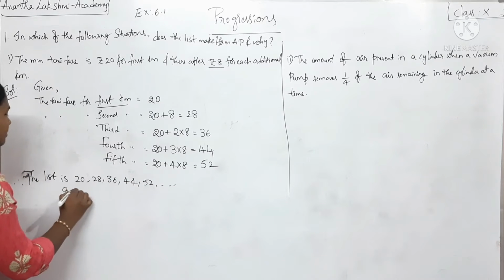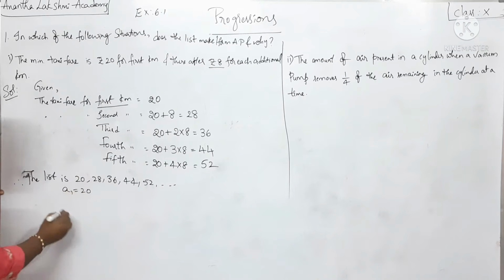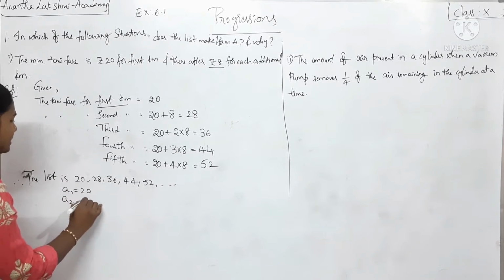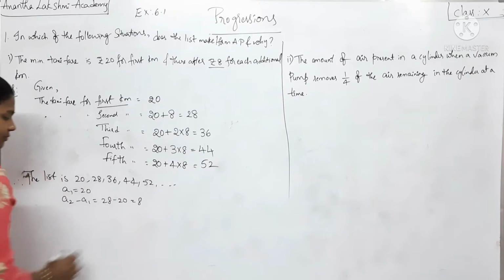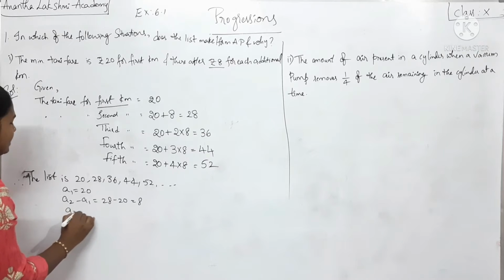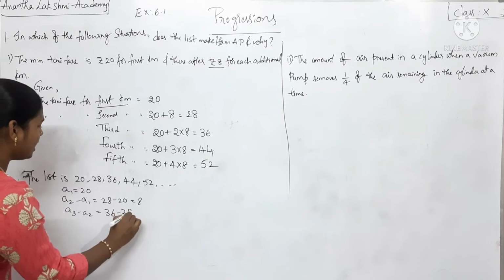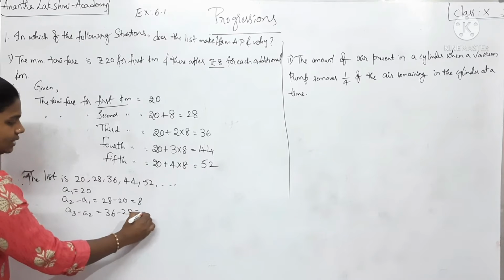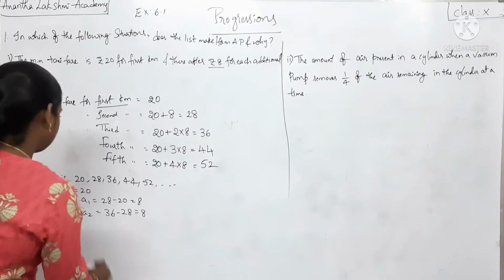So here A is equal to 20, A1. A2 minus A1 is equal to 28 minus 20, which is equal to 8. A3 minus A2 is nothing but 36 minus 28, which is 8.